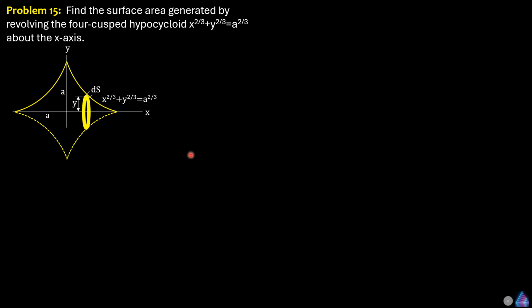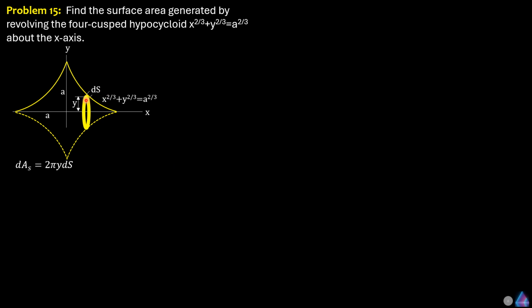Remember ds is the square root of 1 plus y prime squared times differential x, or the square root of 1 plus x prime squared times differential y. But I prefer to use the square root of 1 plus y prime squared dx.